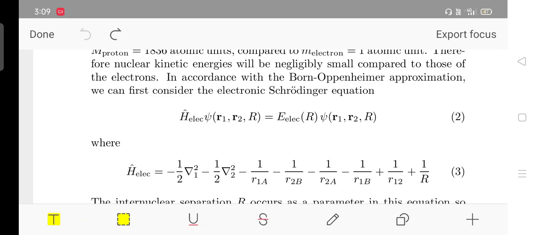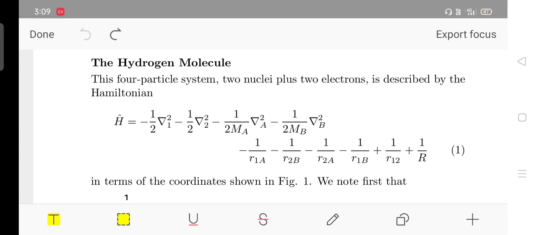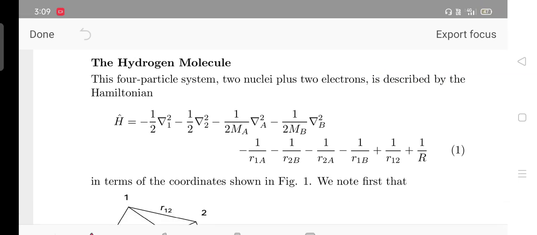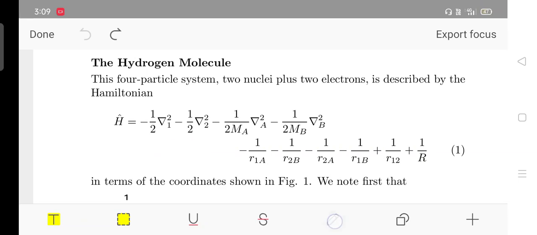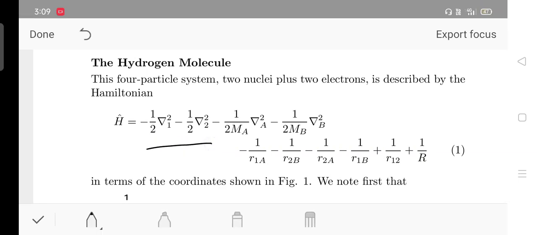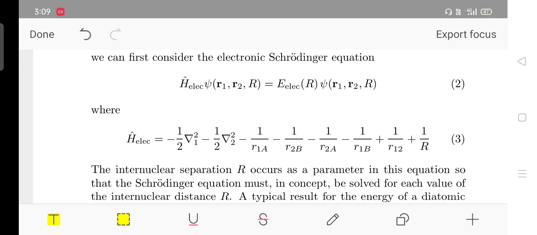The electronic Schrodinger equation is minus del 1 squared, minus del 2 squared, plus all the potentials.